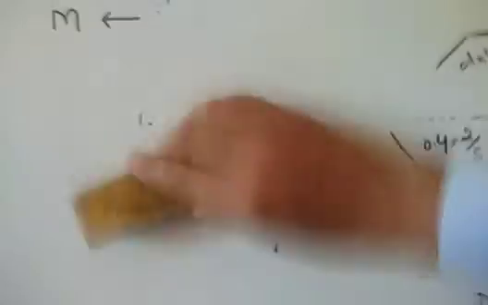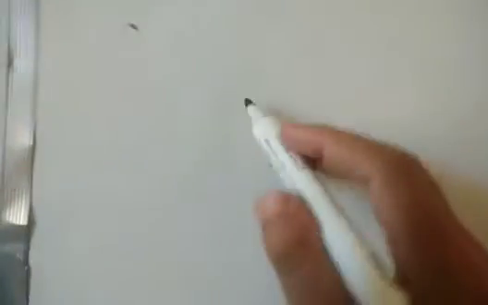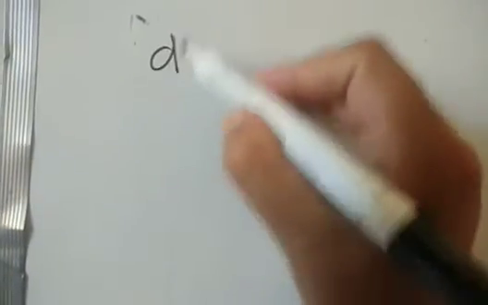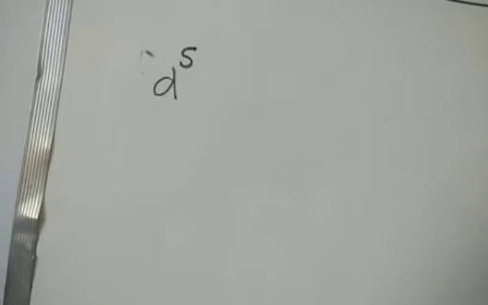Let us take an example. Usually, let us say we have a d5 system, or a d6 system.